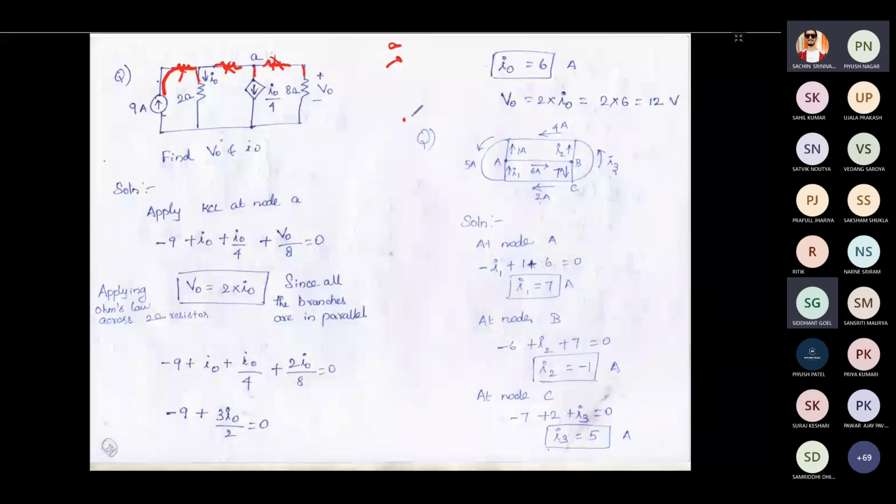This is A and this is B. You can connect like this also. I have just redrawn it, nothing more, because it is a single node, and I have mentioned it like this to represent a single node on top and bottom. Let us proceed further. Here in this question we need to find v naught and I naught. Since it is a single node, you can easily find them using KCL.